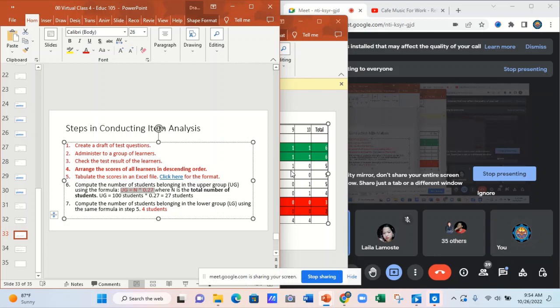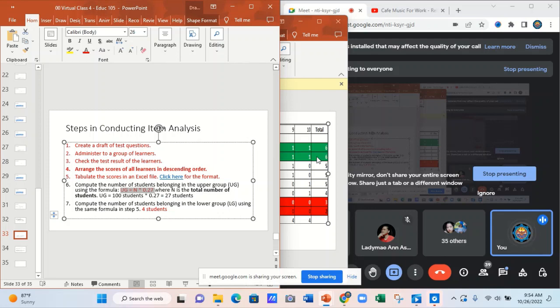Therefore, kung i-round off siya, dili pwede mag 2.2, kay di na pwede chop-chopon ang ikatulo. So round off to the nearest whole number, that is 2 persons.